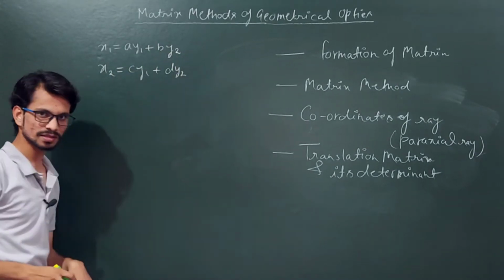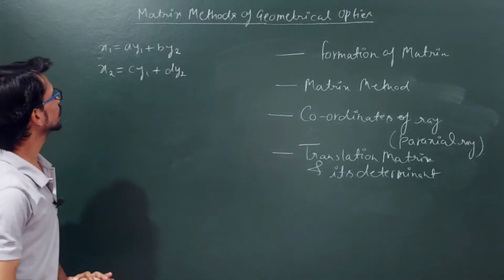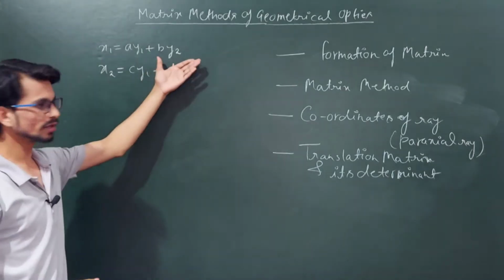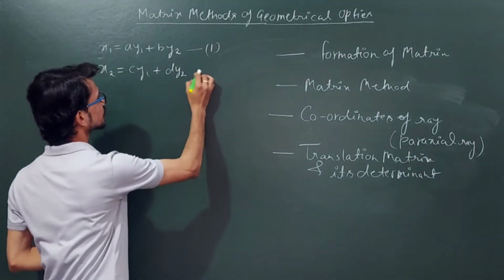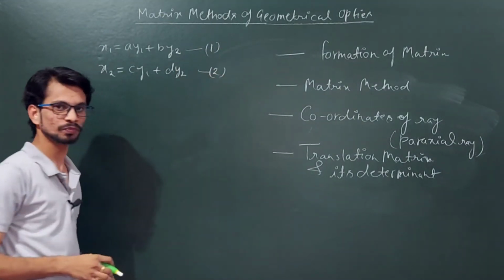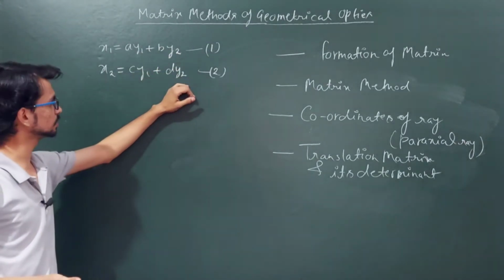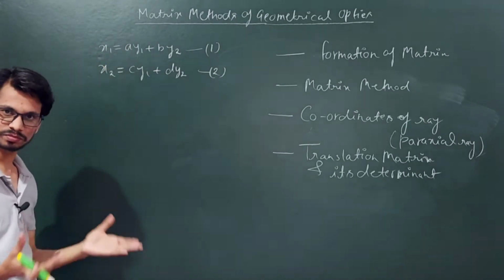These are the 2 equations which are linear in form, what we are given here. Now we have to generate a matrix associated with these 2 equations. Here y1 and y2 are the variables, and a, b, c, d, x1 and x2 are some constants.